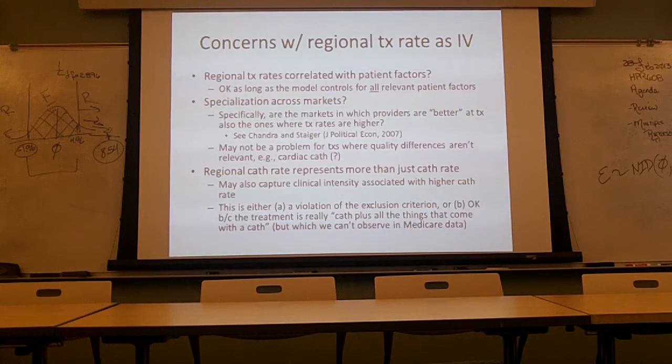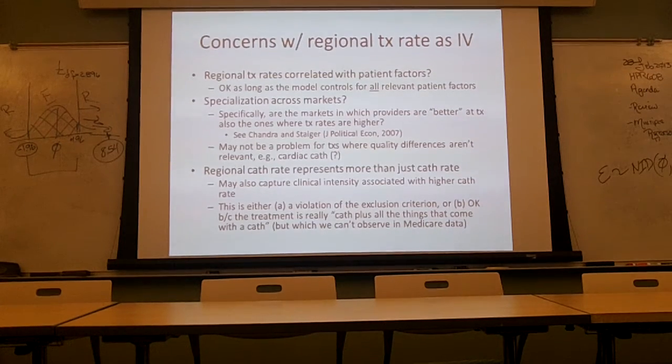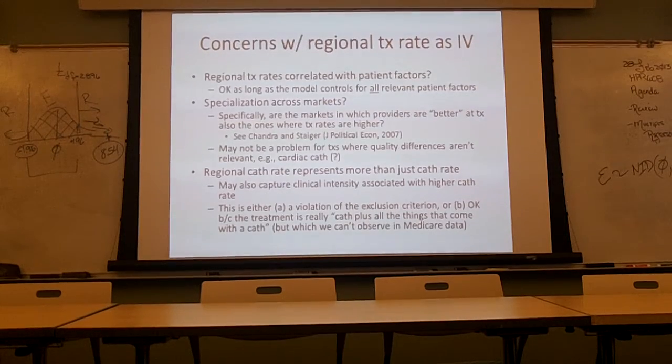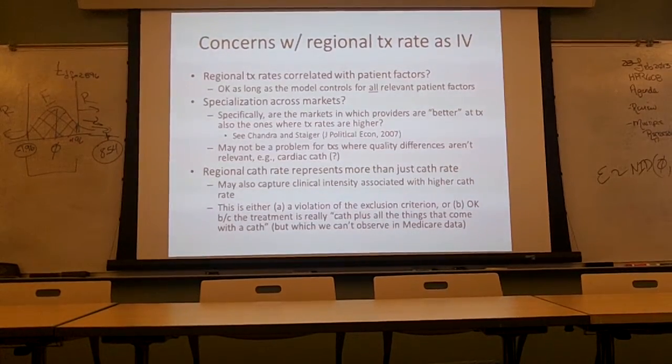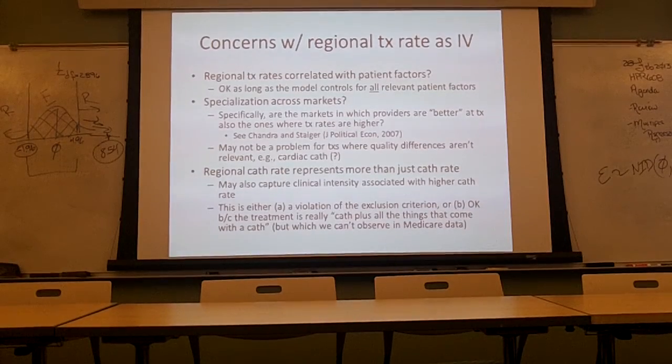But that violates the exclusion restriction. I think the comeback to that, which Stuckel and company at least would argue for, is that, well, we're not really measuring the causal effect of getting cath, narrow sense of did you get cath or not.